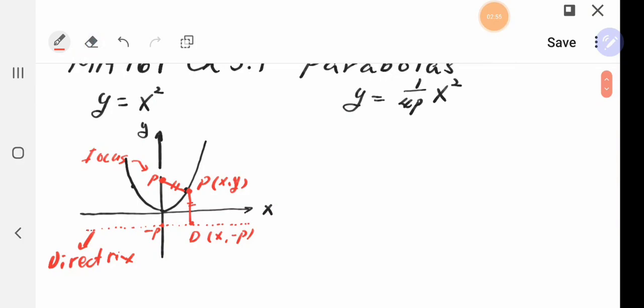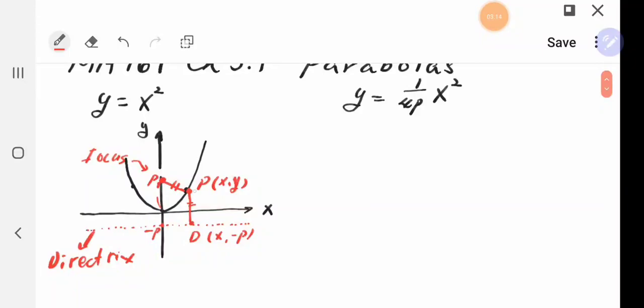So what I did is I just showed you a graph. There is a focus point p and the directrix that is always in the opposite direction, so negative p.